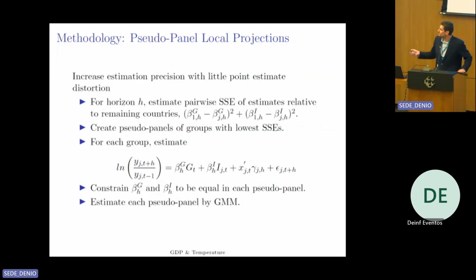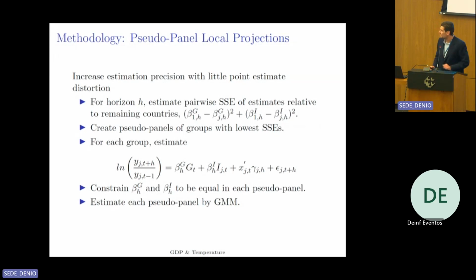The difference is that within these 5 countries, we're going to constrain the beta coefficients to be equal. We allow the other coefficients by country to vary, but the coefficients on global and idiosyncratic temperature are restricted to be the same across the group.